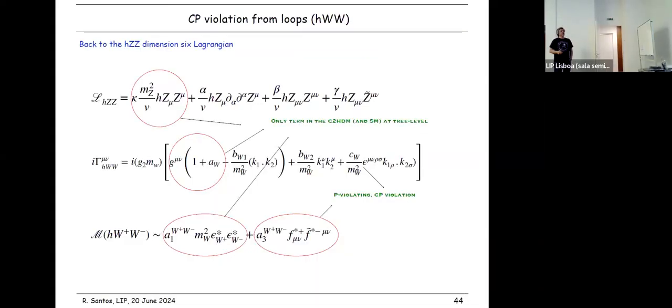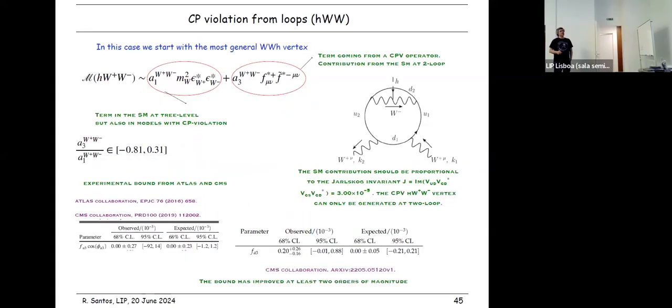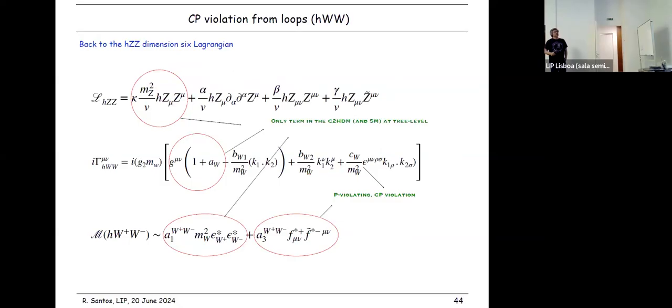Okay, so let me just finish with the CP violation from loops. You could ask, should we look? The question here is the following. Suppose that, again, we have this type of operator, which means that there would be a CP-violating term in the coupling to the W doublets.